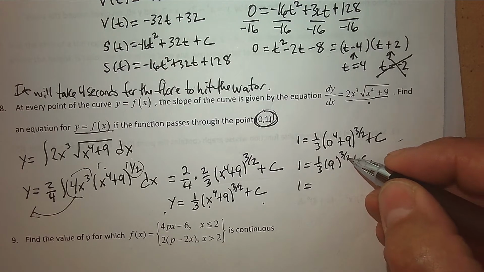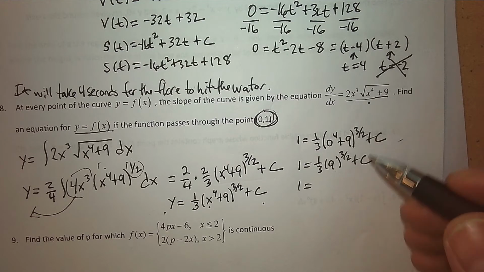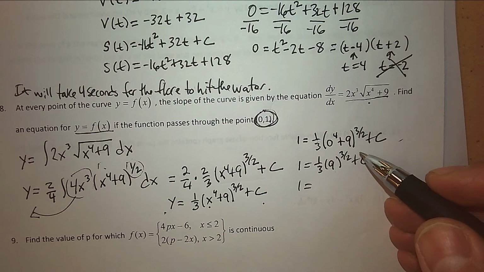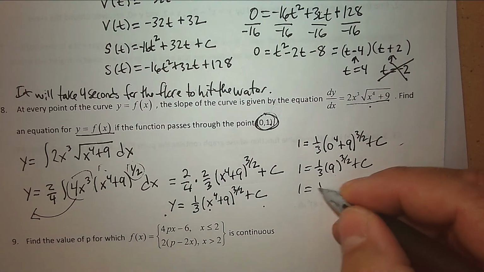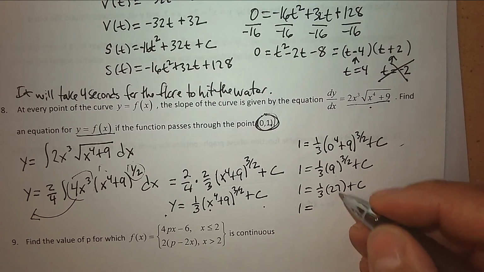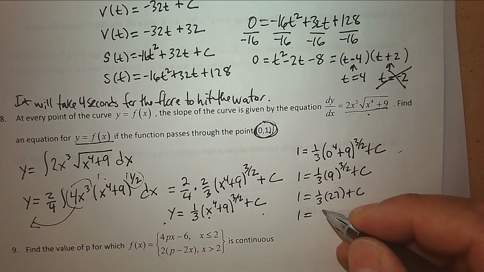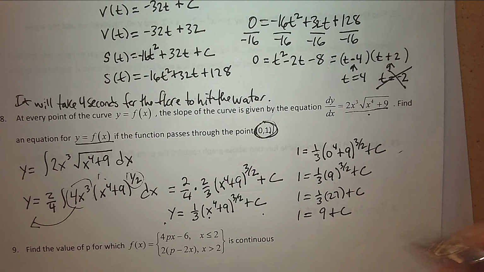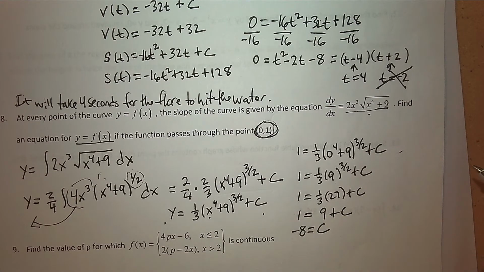The square root of 9 is 3. And 3 cubed is 27. So again, the denominator is the root. So square root of 9 is 3. And 3 to the exponent 3 is 27. This is 27 divided by 3, or 1/3 of 27, which is 9. And then subtract, and c is equal to -8.